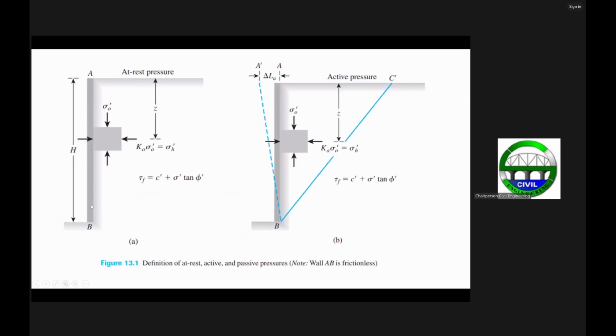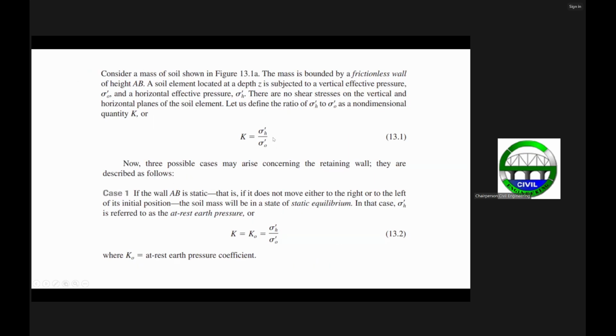So, for example, this one here. The wall is in static equilibrium. In that case, the horizontal effective pressure can be referred to as the at rest earth pressure.